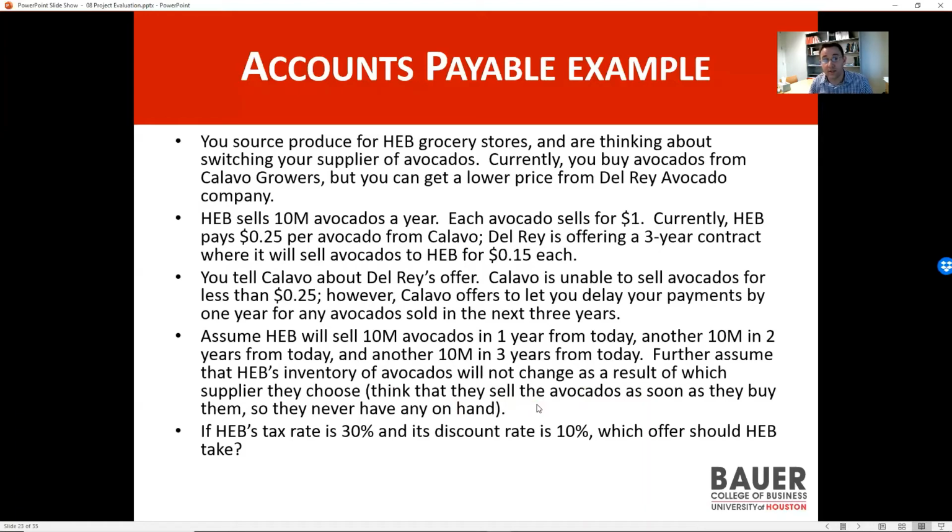The only thing that's changing is going to be the accounts payable and the EBIT, right? The profit that you're making on each sale. We have a tax rate of 30% and a discount rate of 10%. Which offer should you take? Should you switch suppliers and go with Del Rey for a cheaper avocado, or should you stay with Calavo and take advantage of the better payment terms, the delayed payment?